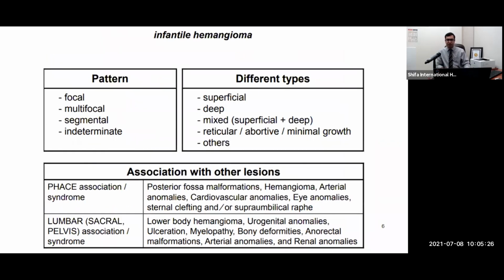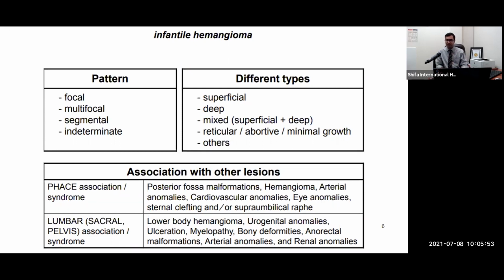Now, with regards to the infantile hemangioma themselves, there are different varieties and different types of them. I will go a bit in detail in the hemangiomas because most of us will come across them, in pediatrics or dermatology. So the patterns are either focal, so they are single, solitary, multifocal, they have multiple lobules, segmental.